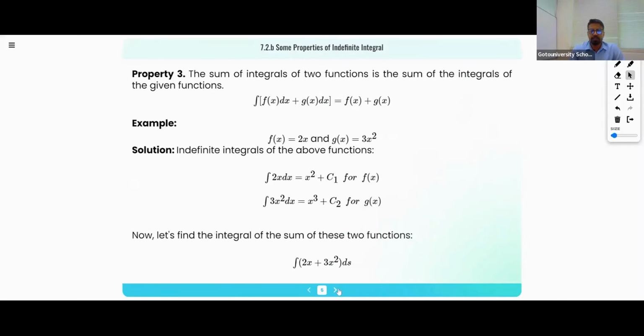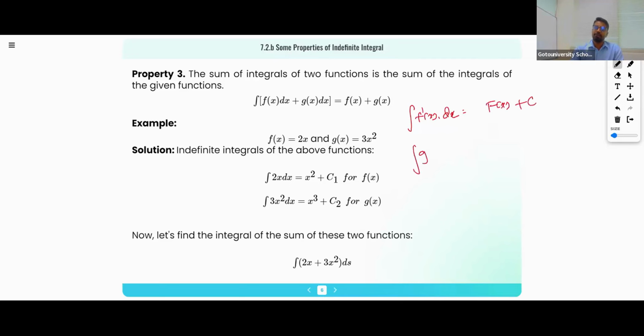Yes. So another property: the sum of the integrals of two functions is the integral of the sum of the given functions. So if you have two different functions, and you want to integrate them separately and add them, the integral of f dash of x dx will give you f of x plus a constant.